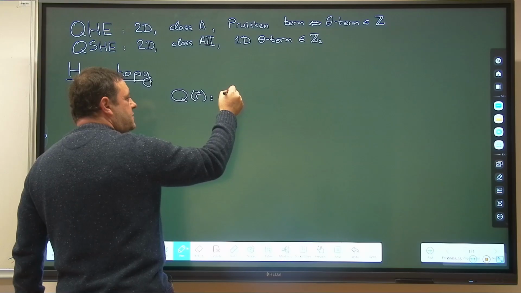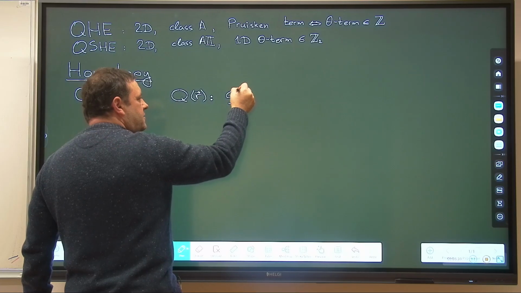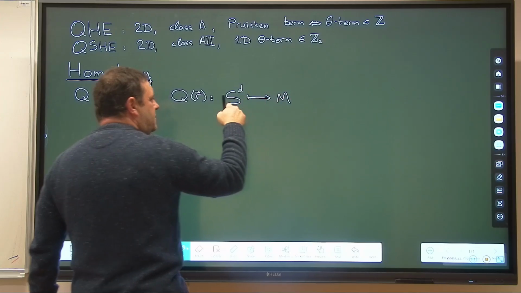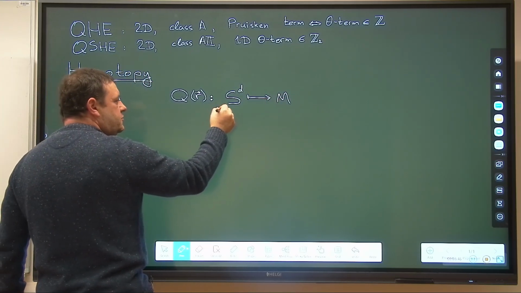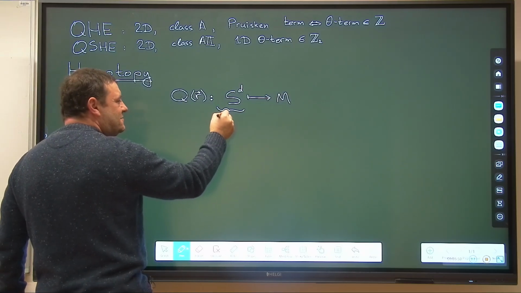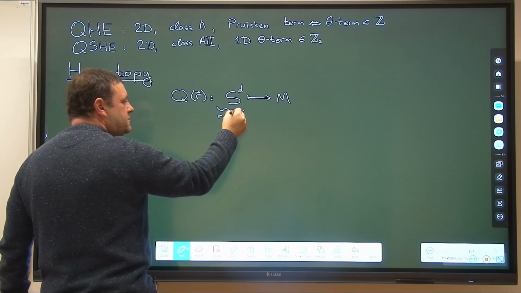It maps a point from real space into this manifold M. And real space, for some stupid reason, is a sphere. Yeah, this is real space. And our point R belongs to this real space.